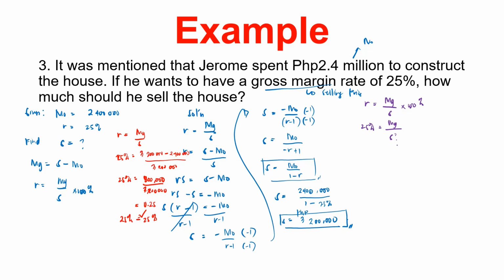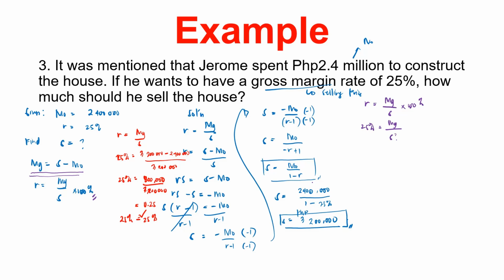So we cannot use the rate of gross margin. Kaya ang gagawin natin, we're going to substitute the formula for the gross margin. So, papasok tayo ulit dito sa derivation ng formula. The best way is to derive the selling price, which is selling price is equal to cost price all over 1 minus R for the gross margin.